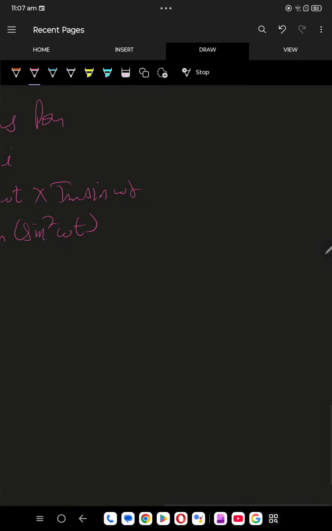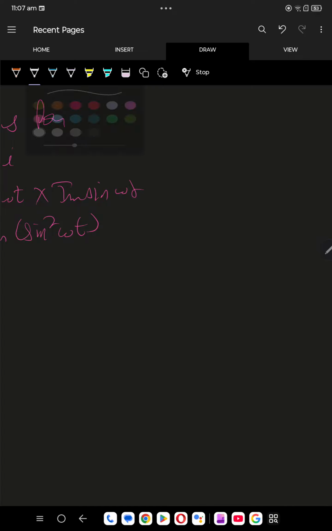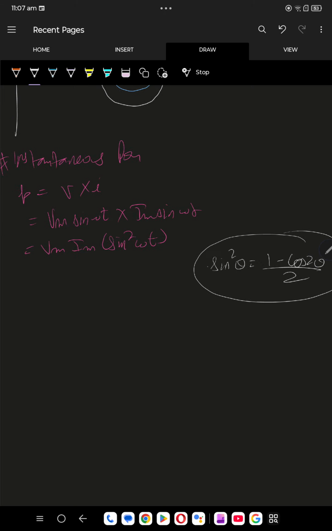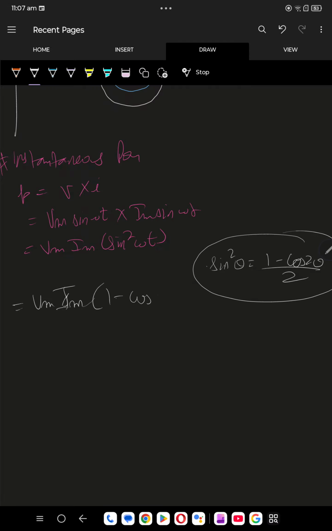Now formula time: sine square theta equals 1 minus cos 2 theta by 2. You have to remember this. So what will we get here? Vm Im into 1 minus cos 2 omega t by 2.